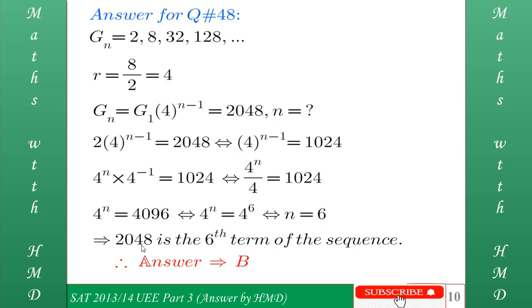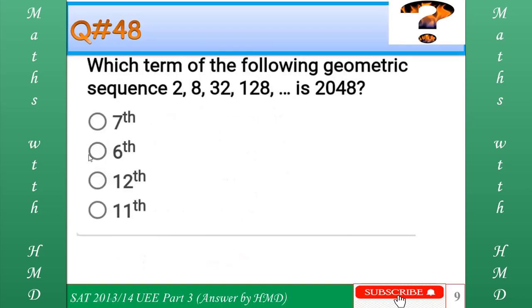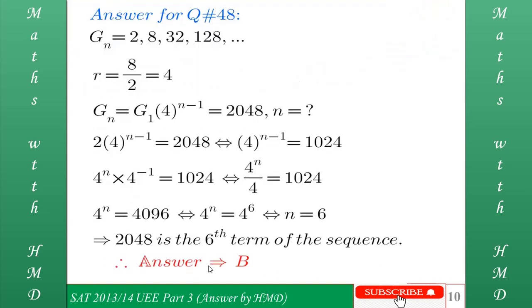So here n becomes 6. So 2048 is the sixth term of the series, and the answer is going to be B, which is the sixth term. I hope you got the answer.